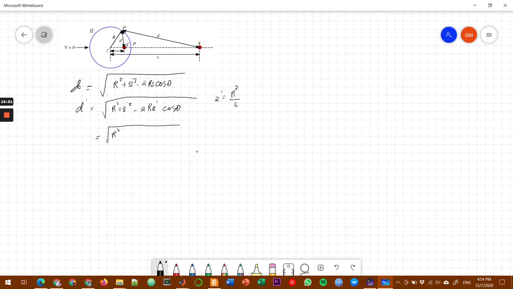So, we have R squared plus R to the fourth over S squared minus 2R, and then your Z prime is just R squared over S cosine theta. So that's your D prime. Okay, D prime. Ito na siyang i-alin sa taas.